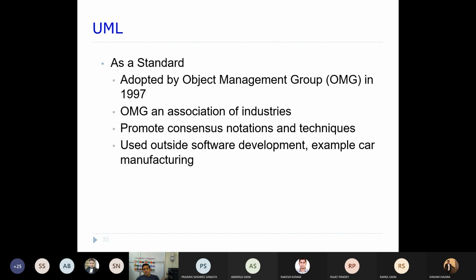They promote consensus. Sometimes UML is not only used for software development, it is also used in other industries like car manufacturing. They also try to model their systems using UML.